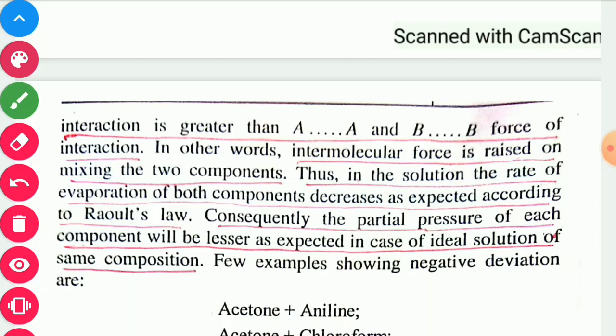Consequently, the partial pressure of each component will be lesser than expected in the case of an ideal solution of the same composition.